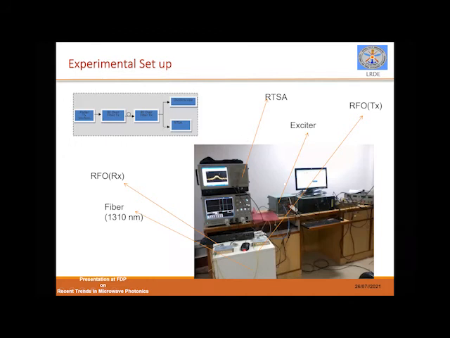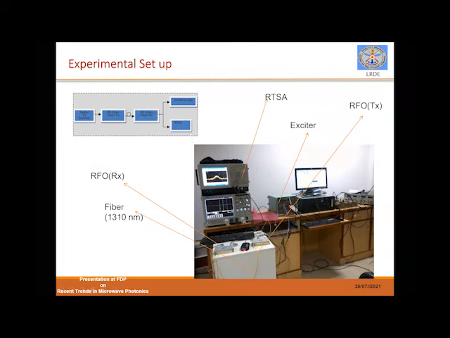I showed you this slide when I was talking in general about the various microwave photonic techniques, not in the case study. You can see that from the transmit section, the signal is converted to optical by using an RF over fiber transmitter. Then further the signal is received and converted back to RF with the help of a ROF receiver.